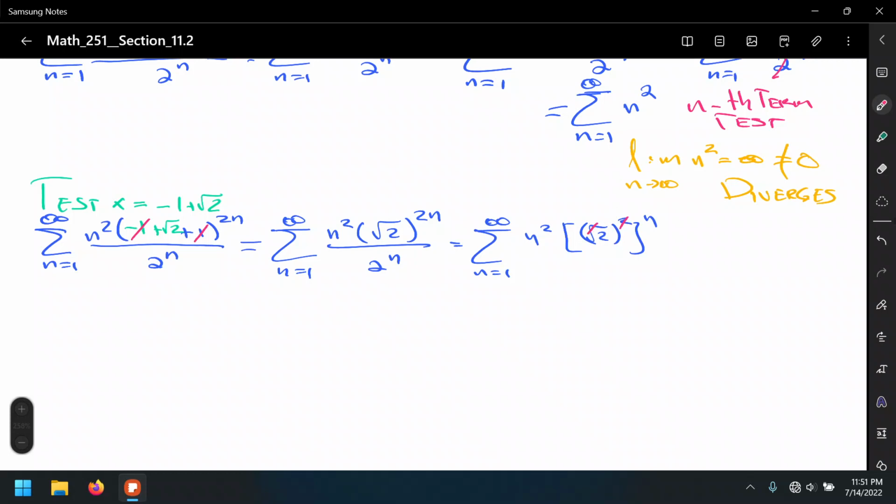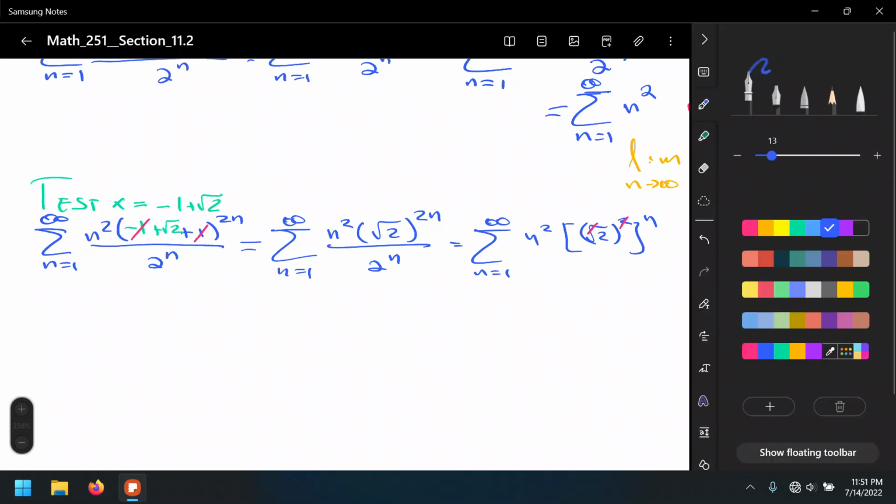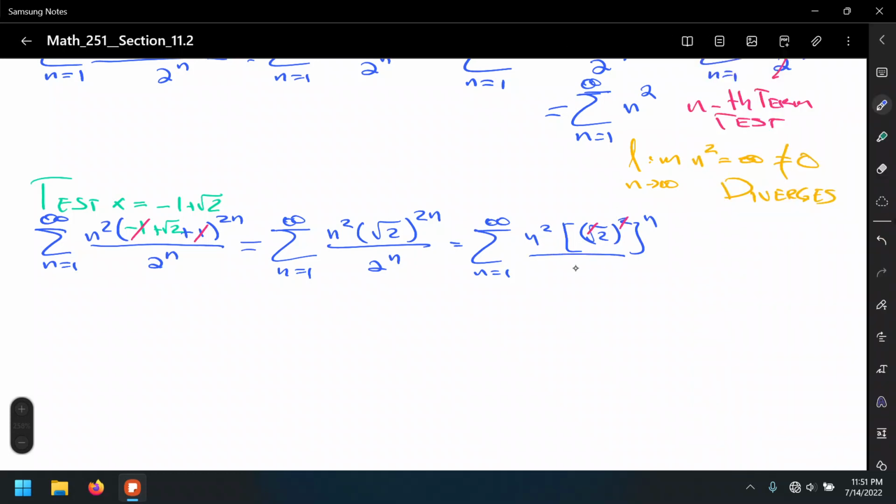Radical cancels the square. So that's sigma to the n over 2 to the n.